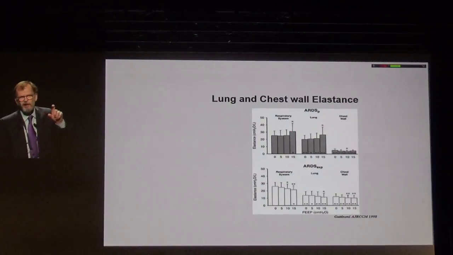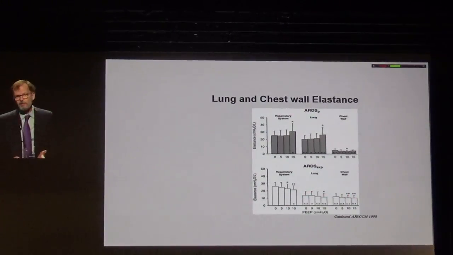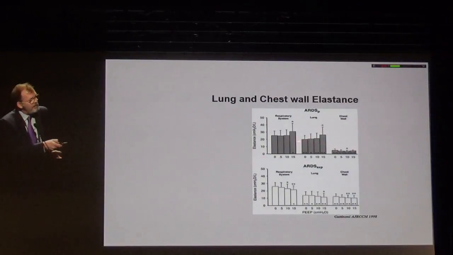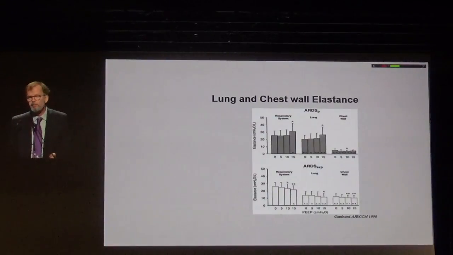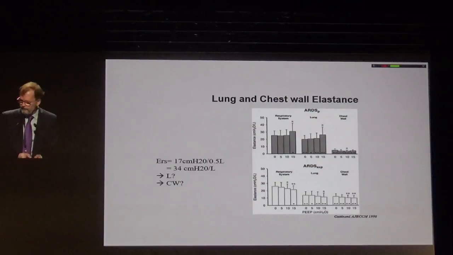Elastance is like driving pressure, right? It's pressure over volume. And some patients have a much higher contribution of the chest wall. So, for instance, if you have a plateau pressure of 25, the lung plateau pressure would be close to 20, whereas for the same value in those other patients, the lung plateau pressure would be 15, much lower. So it's interesting to know that.